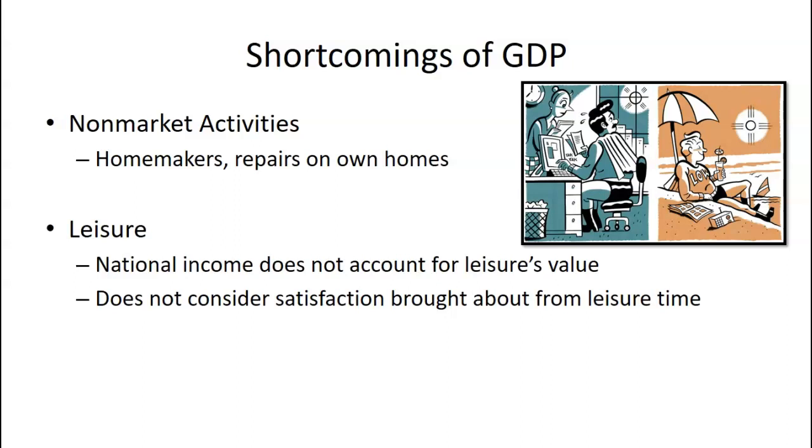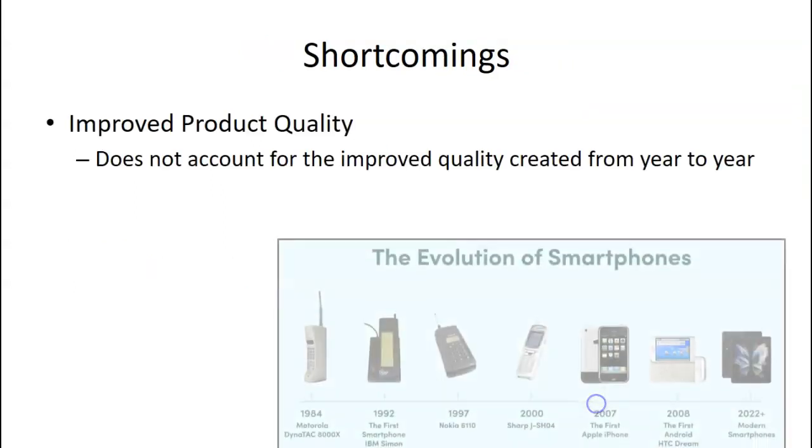Hey, we have more downtime and we're producing just as much. Okay, mentally we might be healthier, but you didn't get paid for the leisure time. And so again, it's not acknowledged. So it is what it is. Okay, the non-market activity is definitely a bigger thing because stuff is really being produced, but mental health, that is nothing to kid about either.